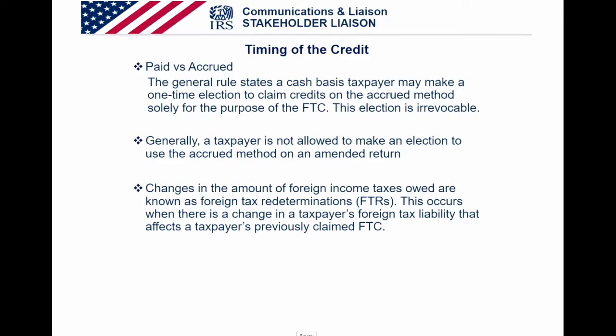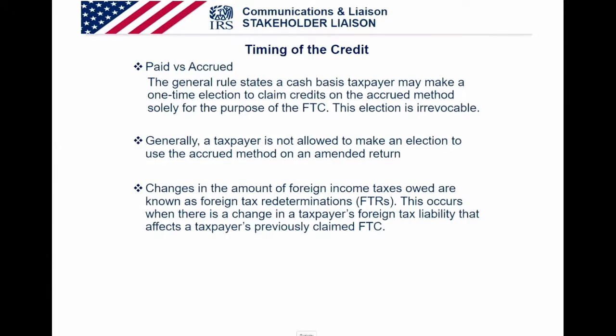Now, often, a taxpayer cannot claim all the taxes as a credit which exceed the income tax limitation. So FTC carryover and carryback rules are simple. Taxpayers must first carry back 1 year and then forward 10 years. The unused excess foreign income taxes eligible to be carried back and forward are reported on Form 1116.